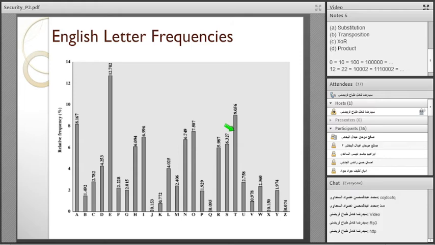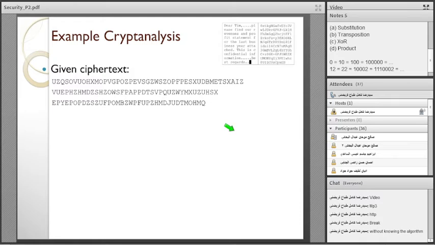That's why using these patterns you can easily break the code without knowing the algorithm. You can understand the code without knowing the algorithm.